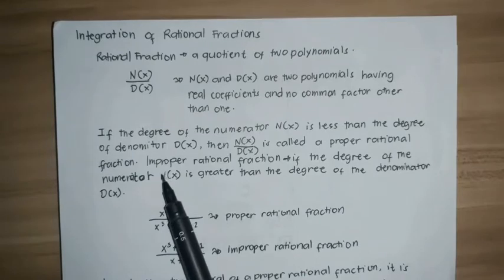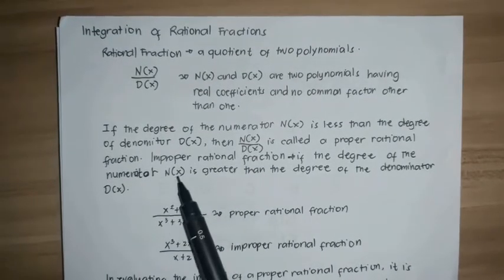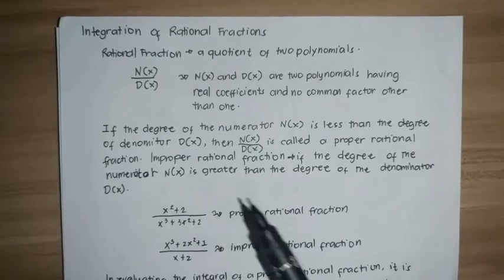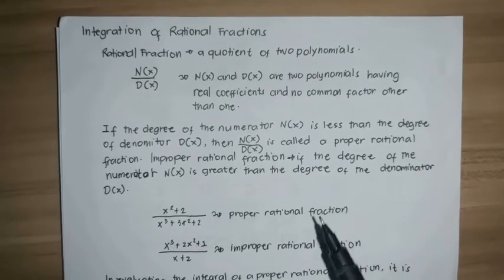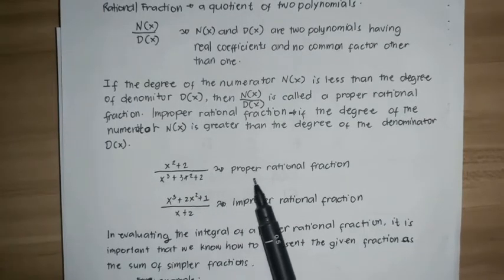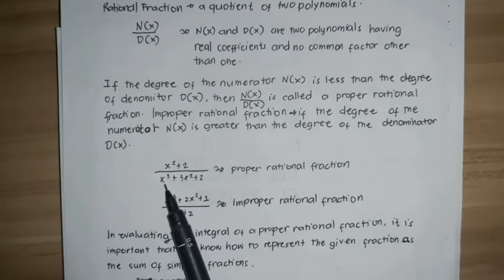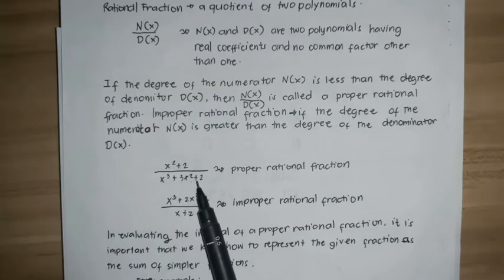We will have an improper rational fraction if the degree of our numerator, n of x, is greater than the degree of our denominator. So this one here is an example of a proper rational fraction: x squared plus 2 all over x cubed plus 3x squared plus 2.